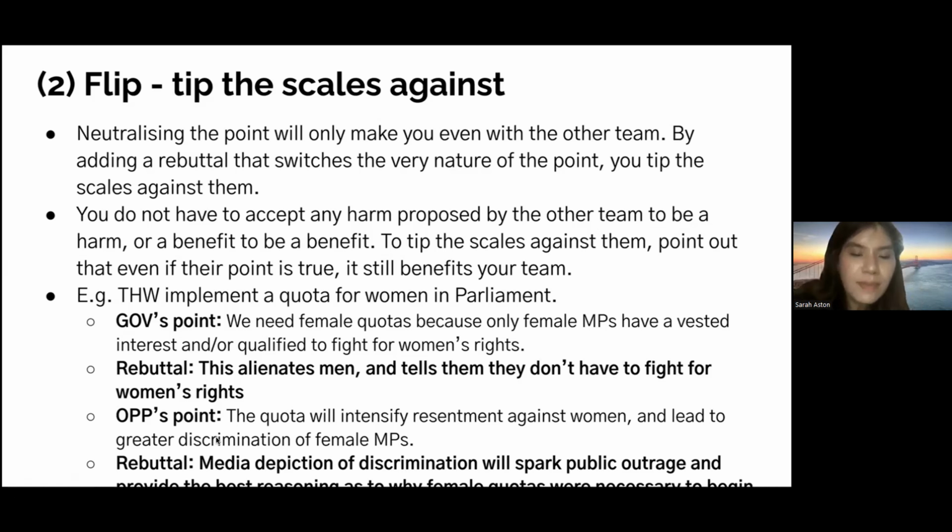So as you can see, what we're doing when we're trying to flip the scale, even if it's the slightest, is number one, to prove why we're still able to have that. But number two, and most importantly, is that you're still able to talk about the harm that is likely going to happen, which means even if Gov gets their benefit, you tip it slightly by proving to the judge what's likely going to happen. Okay? I hope that makes a lot of sense.